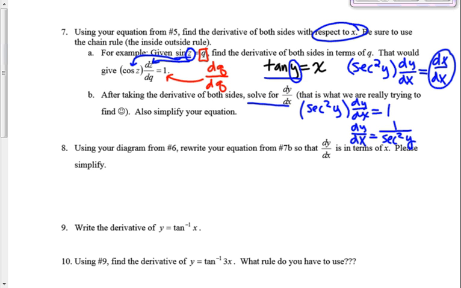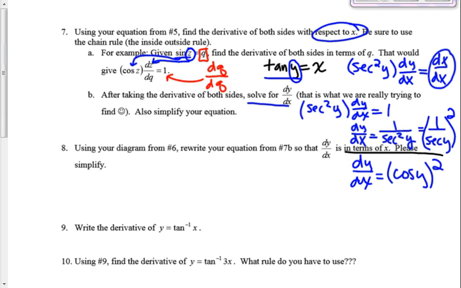And 1 over secant, sorry, I'm running out of room here. 1 over secant y is being squared, but I know what 1 over secant y is, and 1 over secant y is just cosine of y, squared. So I found my derivative after all of that. I found the derivative of y.